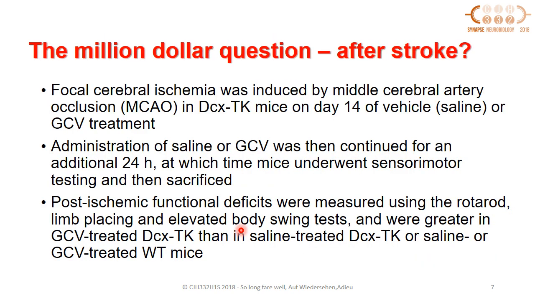So again, going back to what these authors originally wanted to do in this PNAS study was to use focal cerebral ischemia. So they wanted to do this using middle cerebral artery occlusion, or the MCAO model.